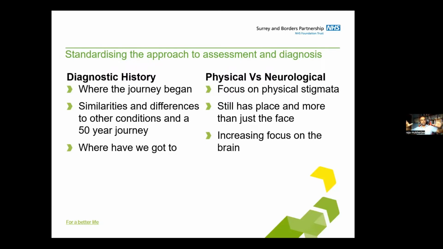Over the 50 years since then, the journey has moved to the point where we're no longer just focused on facial stigmata, because we know that affects only between 2 and 5% of the population. And the severity doesn't depend on the physical stigmata, it depends on the nature and degree of exposure in other areas.